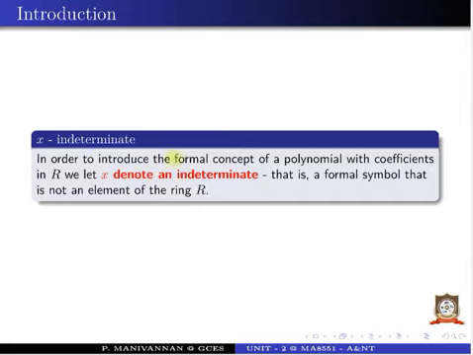In order to introduce the formal concept of a polynomial with coefficients in R, we let x denote an indeterminate, a formal symbol, not an element of the ring R. The coefficients are the elements of the ring, not x.